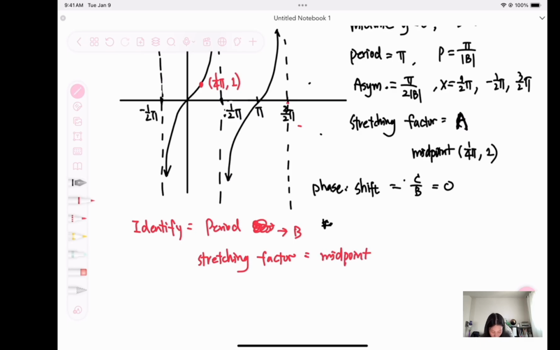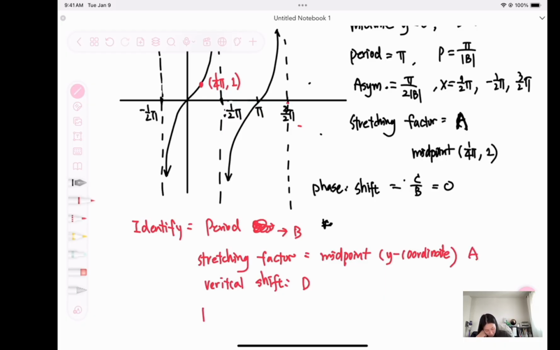To be more accurate, it is the y-coordinate of the midpoint. And then the next part is the vertical shift, which helps you find D. This gives you the A.